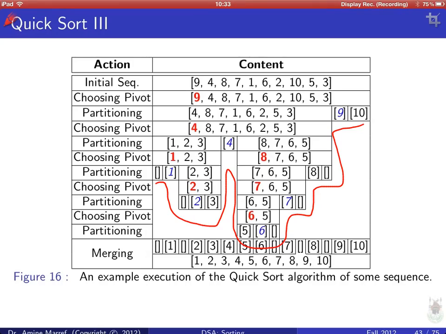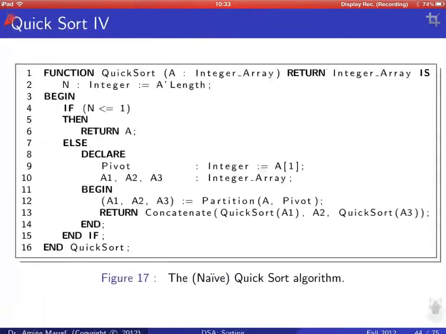Now, we said, what is the number of partitioning levels of merge sort? What is the number of partitioning levels of merge sort?